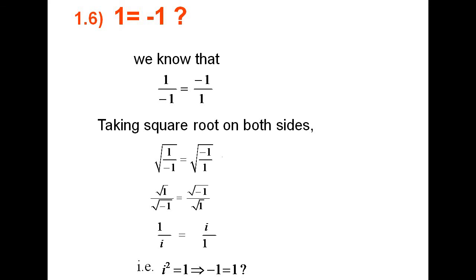But I square is equal to minus 1. And we are getting again wrong result. Which calculation or which step is wrong here? Yes, in mathematics we are getting some interesting result. Again we are getting this wrong result because we are doing something wrong in some step.